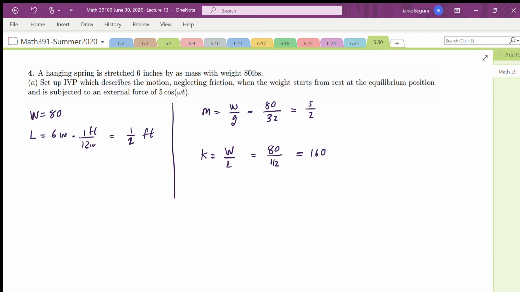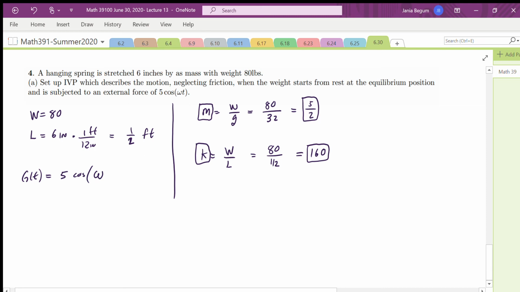Okay, so what else are we given in this problem? Right, so we have g of t given, that's 5 cosine of omega t. And what else are we given? Is there any damping force involved?